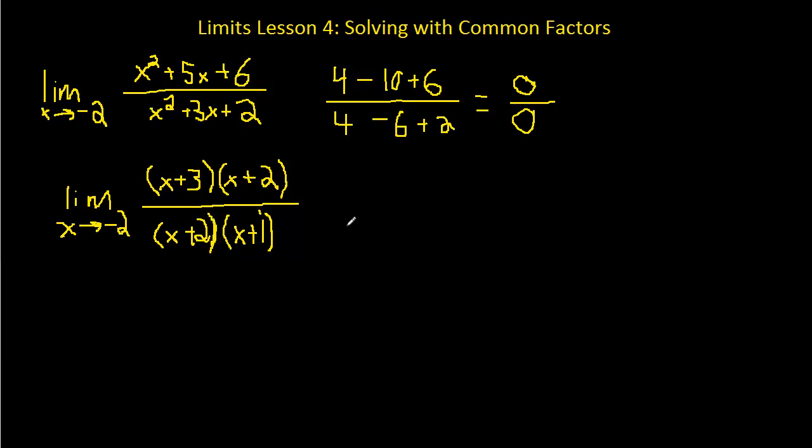And the way we deal with this is we do what we were talking about in the previous videos, where we cancel two terms and see what would happen if we didn't have to deal with them. What would happen if we could get rid of these? Then this would become x plus 3 over x plus 1.